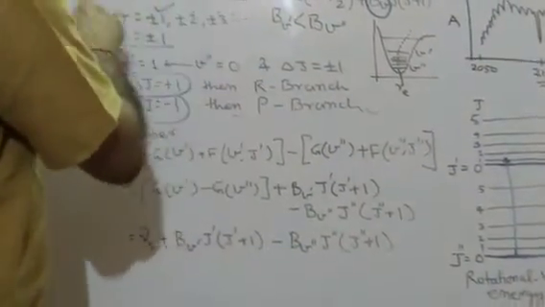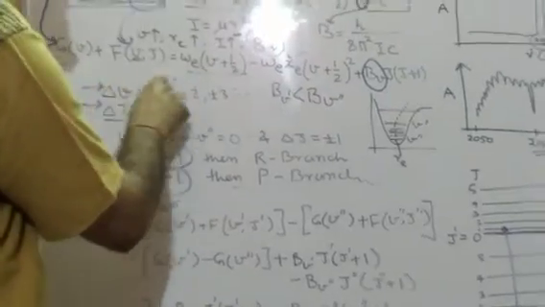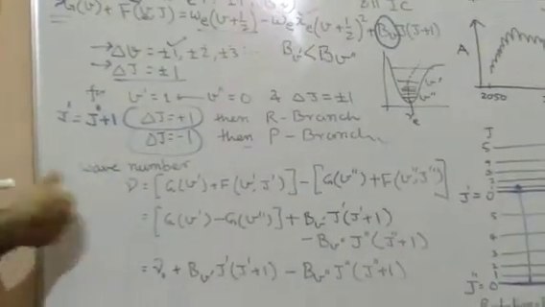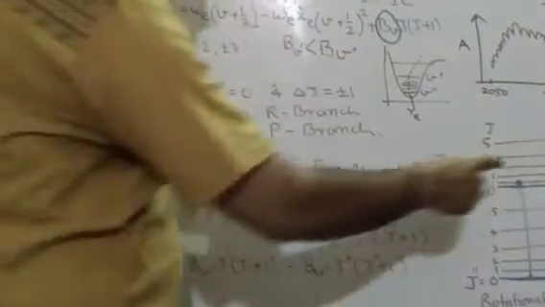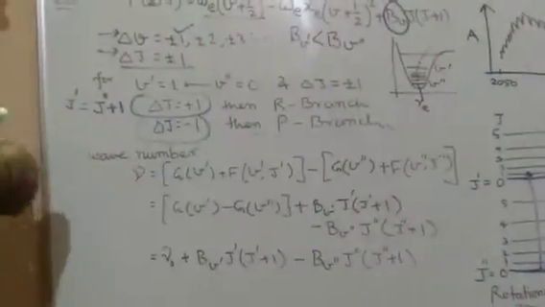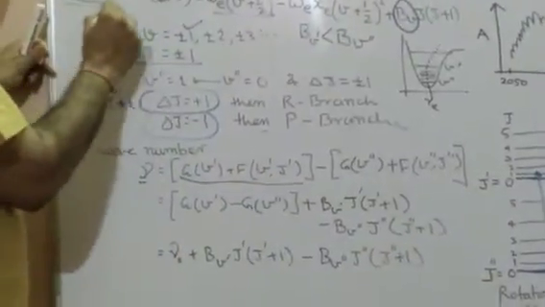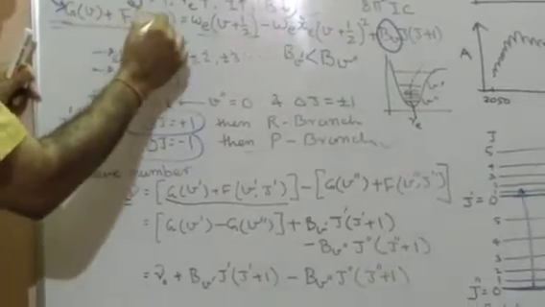And if we want to find out the wave number, from these expressions we will get the wave number, and the transition is from V double prime to V prime. So here we are writing the whole expression, G(V) plus F(V prime, J prime).